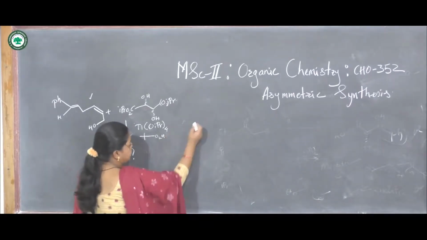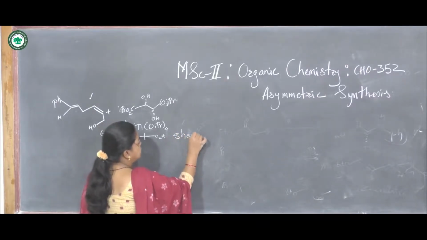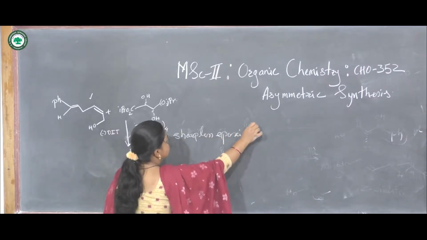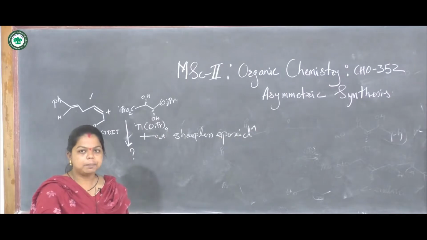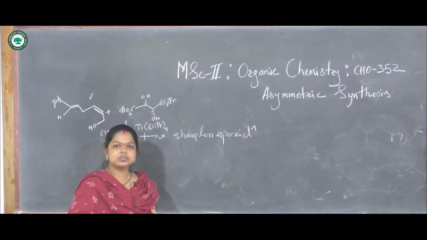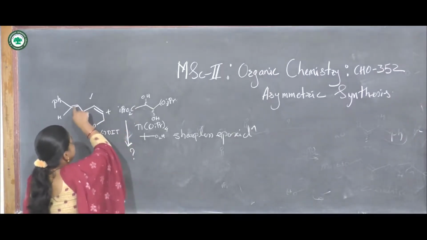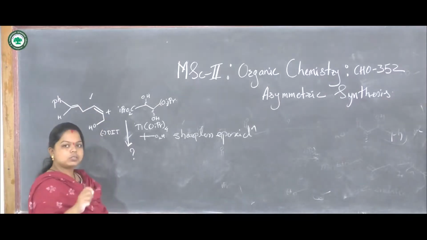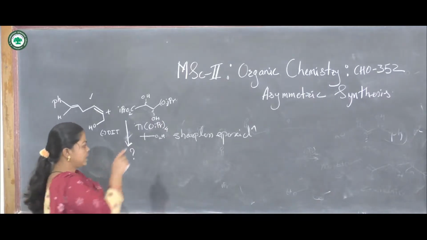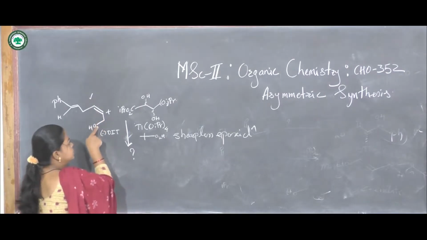So this is a named asymmetric reaction. It is called the Sharpless epoxidation reaction. We have already studied this reaction. In this reaction, the substrate used is always an allylic alcohol. That's why two double bonds are given here, and we have to select which double bond is going to react with the reagent. This reaction is specifically for allylic alcohols, so this is the allylic double bond.